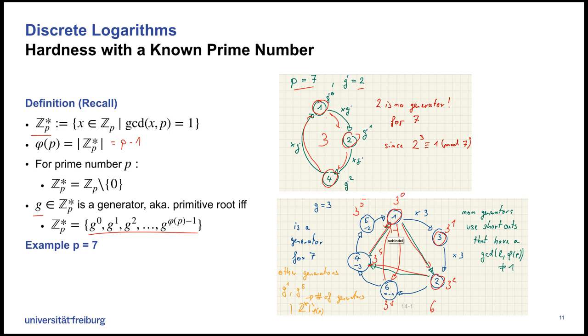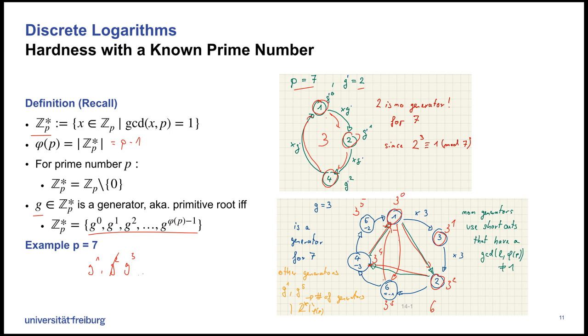So that means that from all these generators, we can look for other generators. If you start here, G to the 1 will be a generator. G to the 2 will only be a generator if P minus 1 is not divisible by 2, so it's probably not, because it's too large. G to the 3 could be a generator if P minus 1 is not divisible by 3, and so on.